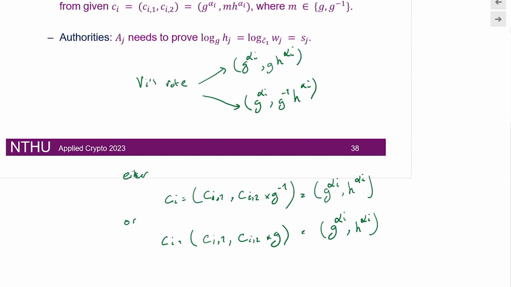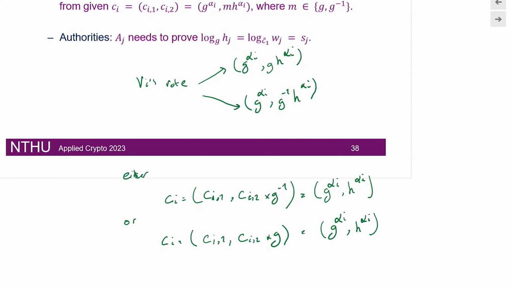And for the second one, if you multiply by g, we basically cancel this effect and we get this one. So it looks like there is a trick that we can use here.